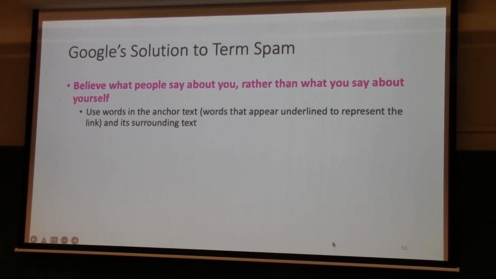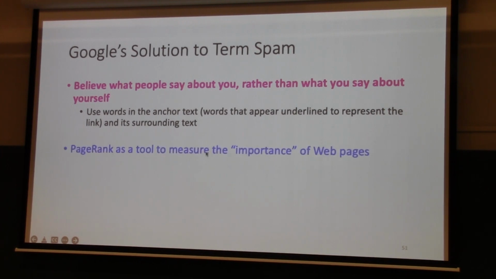So Google made a solution to that. Instead of using the words in the page, you use the words in the link to the page, which is called the anchor text, and the surrounding text. So what people say about you. And of course, you use PageRank to measure the importance.